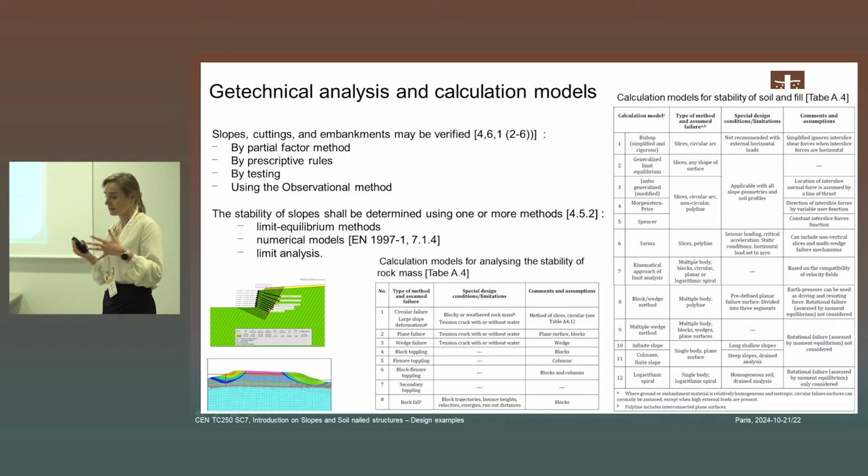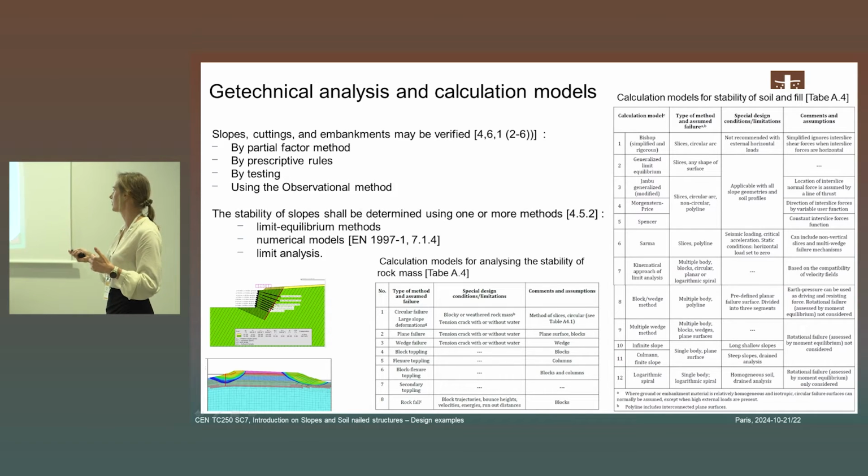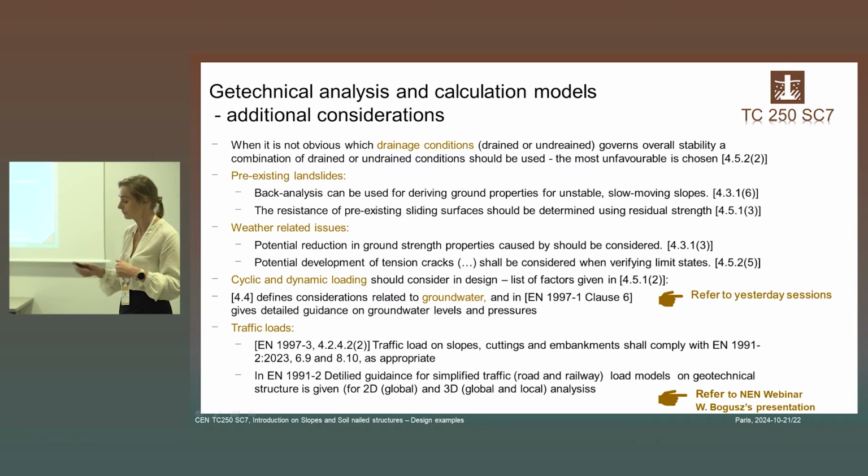Eurocode 7 does not give any specific guidance on which calculation model should be used for our case. However, in Annex A, there are some comments and information regarding calculation models for soil and fill, and also for stability of rock mass, which may be helpful in those decisions.